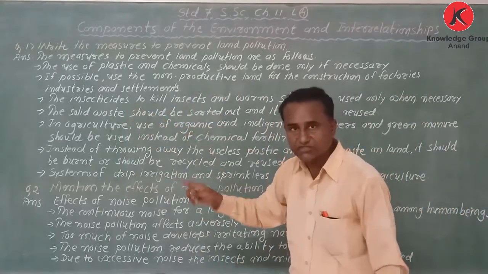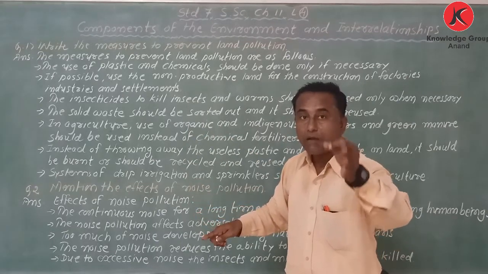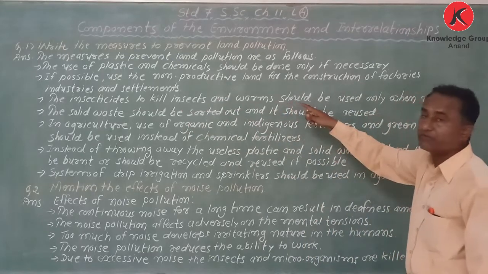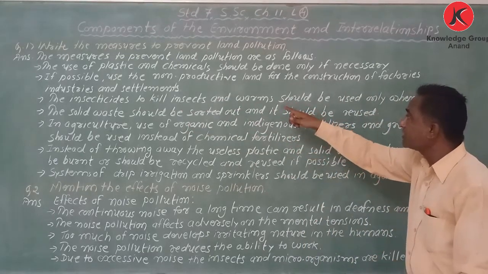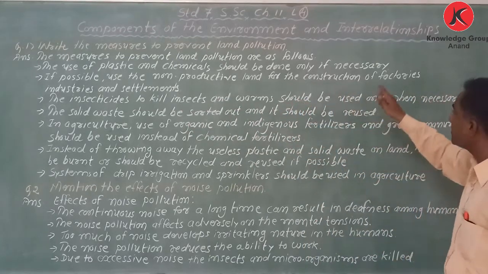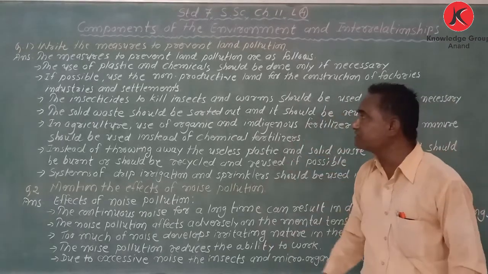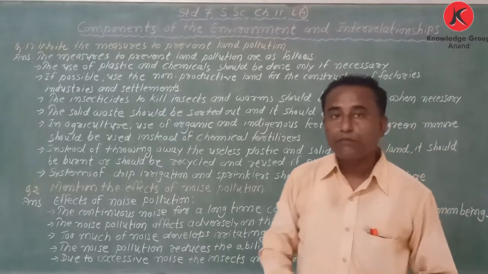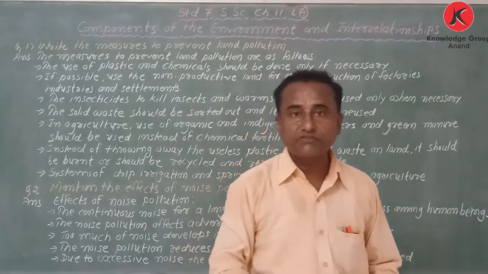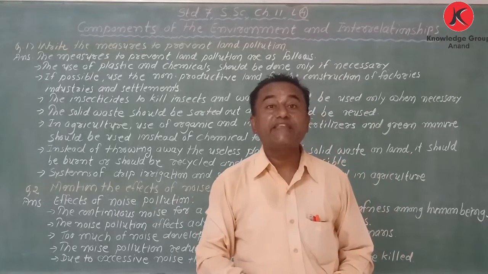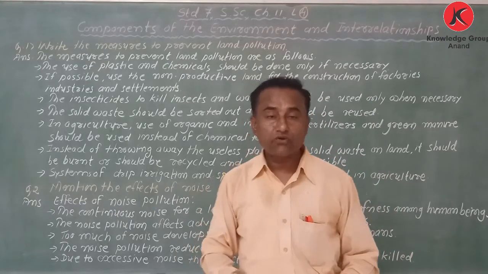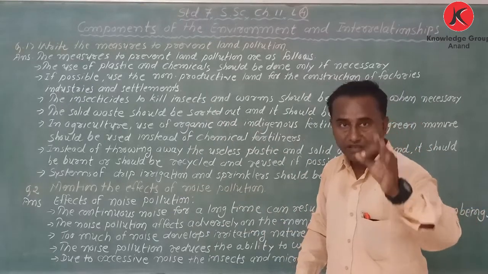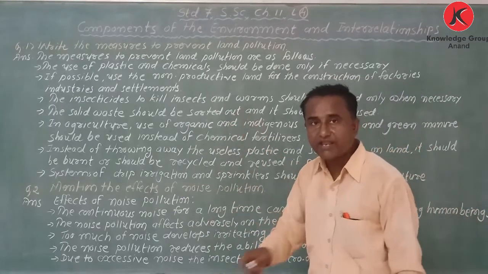Second, if possible, use the non-productive land for the construction of factories, industries and settlements, means residence. My dear student, that is why it is written NA, non-agricultural. Okay, so if it is possible, then only.